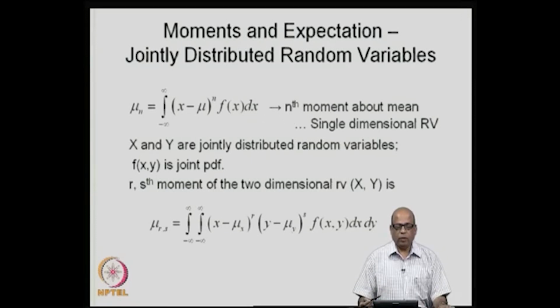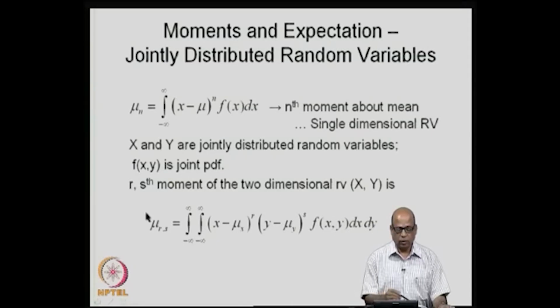Now, when you have two random variables x and y, which are jointly distributed random variables, with f of x y as the joint PDF, we define, analogous to the single dimension random variable, the r-sth moment of this two dimensional random variable as the double integral from minus infinity to plus infinity of x minus mu x to the power r, y minus mu y to the power s, f of x y dx dy.